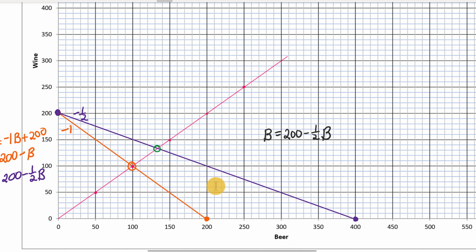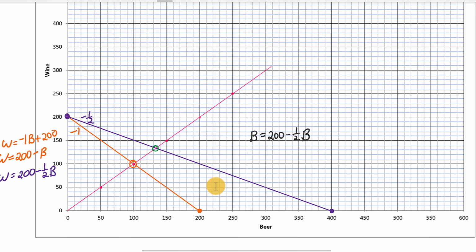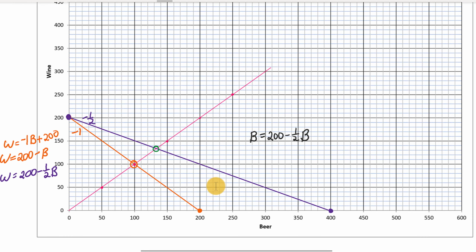Now, one thing we could do to figure out one of these prices, just to make sure, is we could kind of average those two. Let's see what happens, just visually, if we were to add these two production possibilities curves together. What if the United States and France both decided to only produce wine?